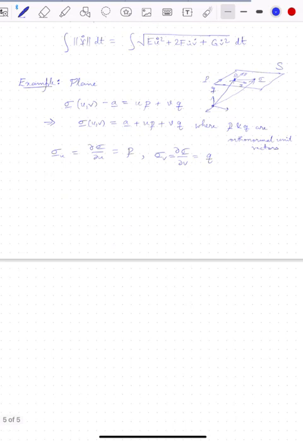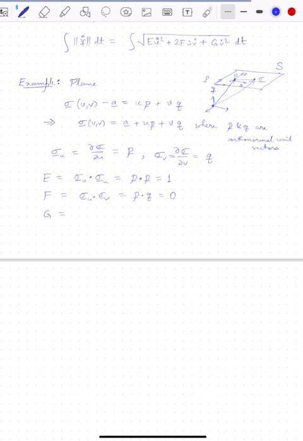Now, E is equal to sigma u dot sigma u, and this happens to be P dot P, which is just 1 because it's a unit vector. Likewise, F is equal to sigma u dot sigma v, and this will be P dot Q. As we recall, they are orthonormal, so the dot product of these two vectors is 0.